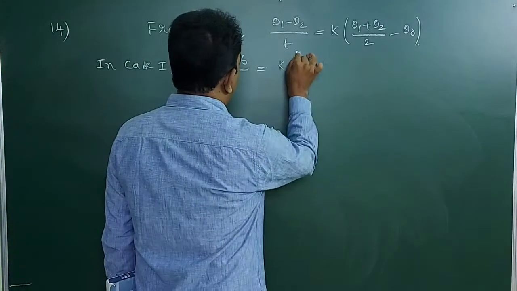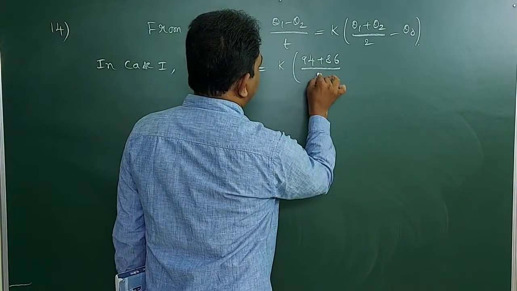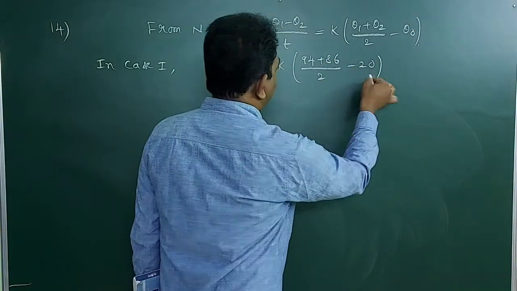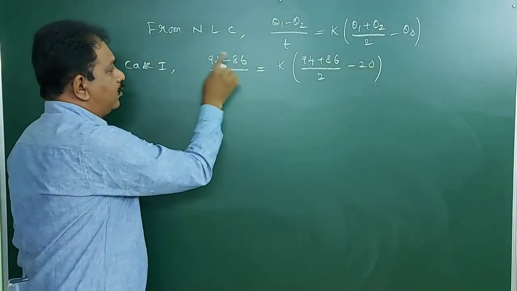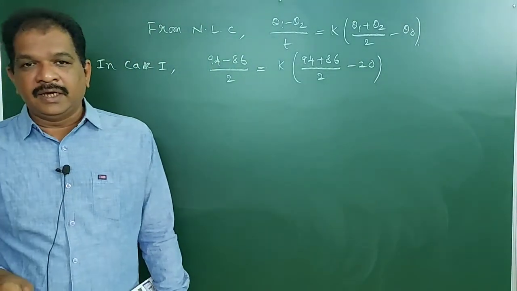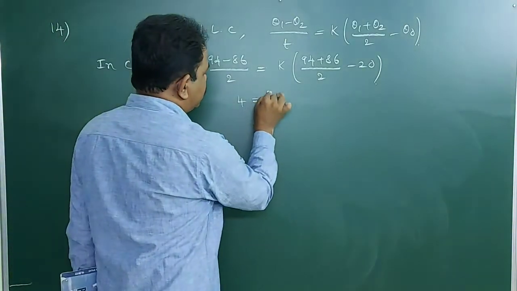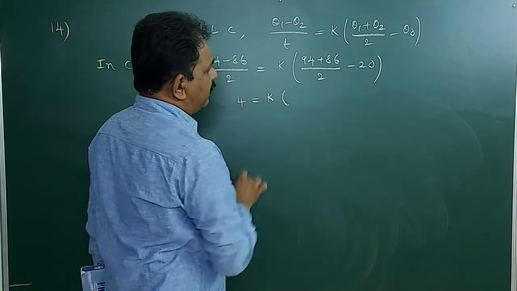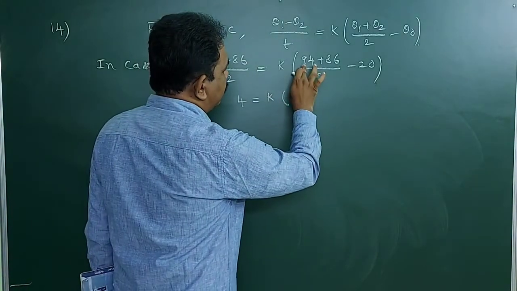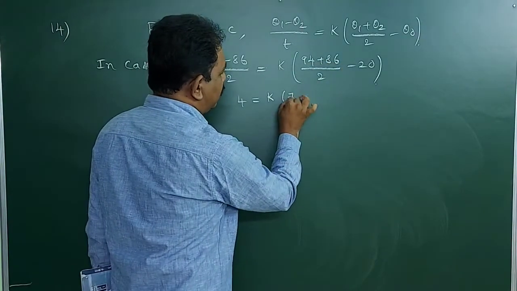So K into ((94 plus 86) by 2 minus 20). 94 minus 86 means 8, 8 by 2 means 4, is equal to K into, 180 by 2 means 90, 90 minus 20 means 70.